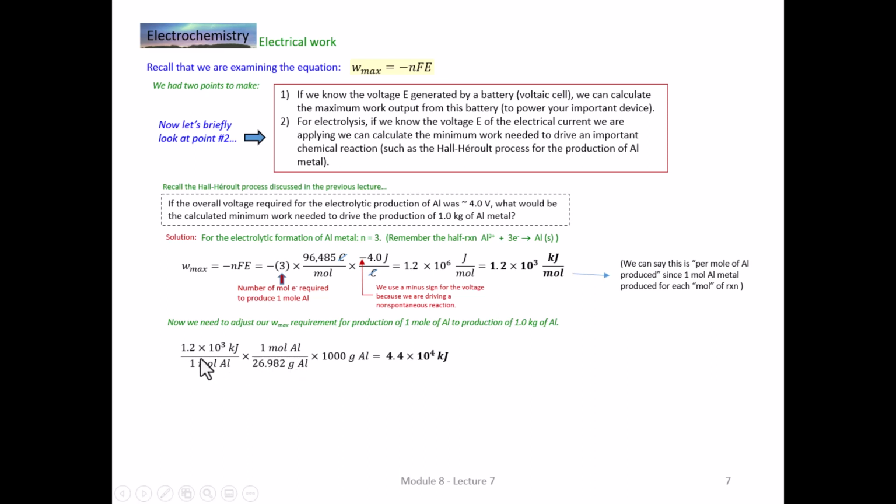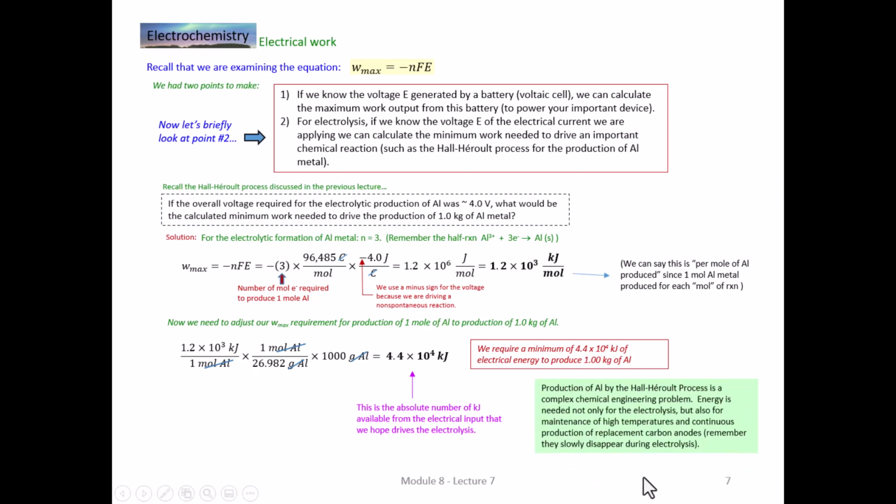At this point, we'd have kilojoules per gram of aluminum, and then multiply by 1,000 grams of aluminum. What we'd get is basically the energy required to produce a kilogram of aluminum, which would be the energy that we would require from the electrical input that's going to drive this electrolysis.